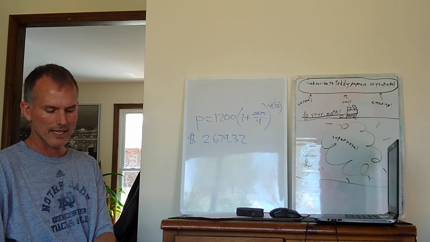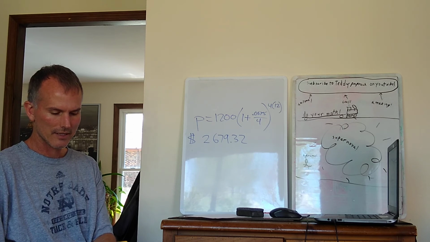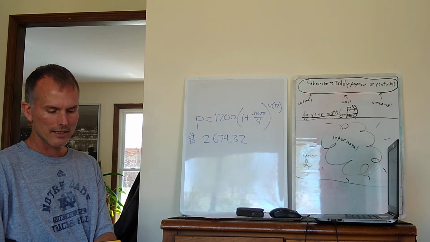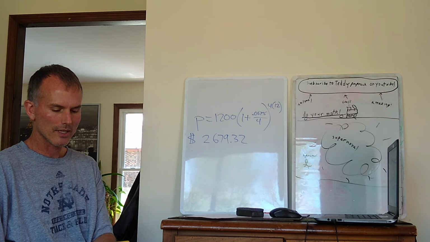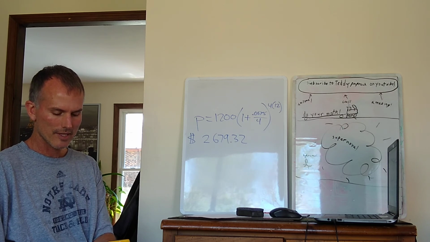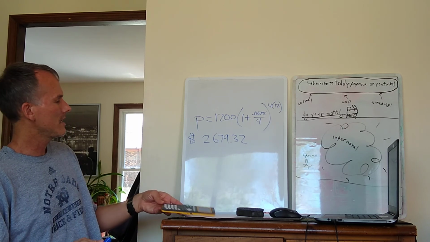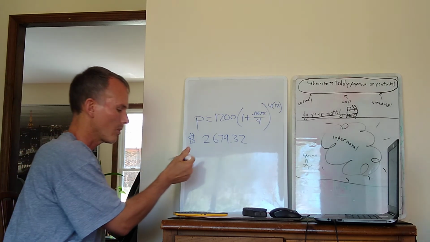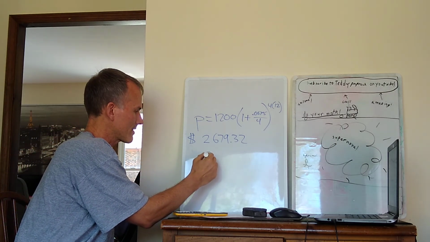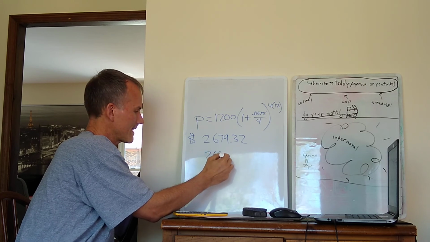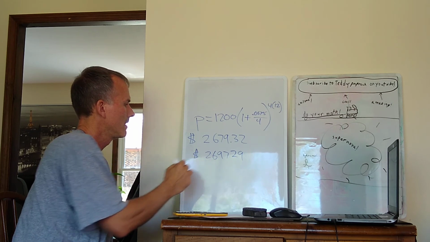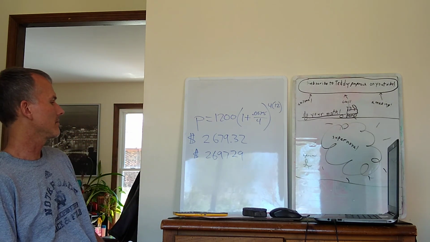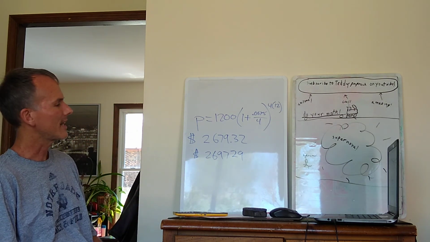I'm just going to put a 365 in the denominator there, and up here in the exponent I put 12 times 365. You will notice that I don't make a lot more. If I compound the interest daily, it's $2,697.29. So about $18 more approximately.